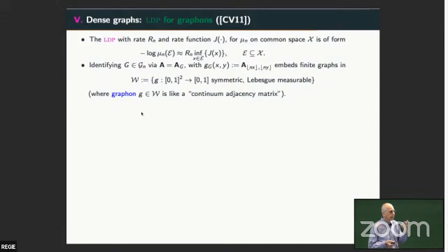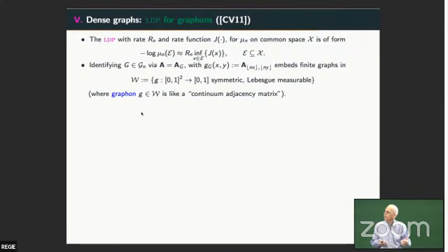Now, in our case, the graphs are not in a common space. When you change n, the graphs go to a different place. So what you need to do is first identify the set of graphs, via their adjacency matrices, with one common space. The way you do it is via what is called a graphon. You take your graph and look at the ij entry, put it in position i over n times j over n, make a little box and color it with 1 or 0, and this gives you a piecewise constant function on the unit square.